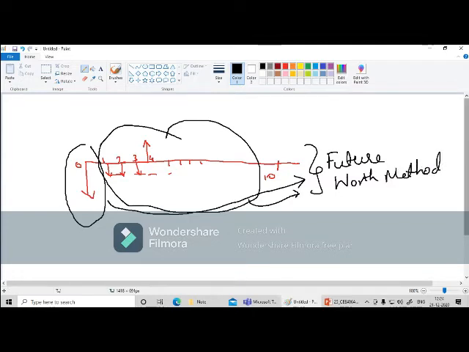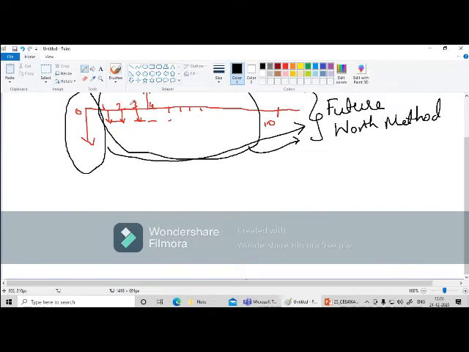Okay, remember one thing, always remember one thing, in a cash flow, this is a cash flow. If you convert all the values to the initial stage, we call it as present worth.